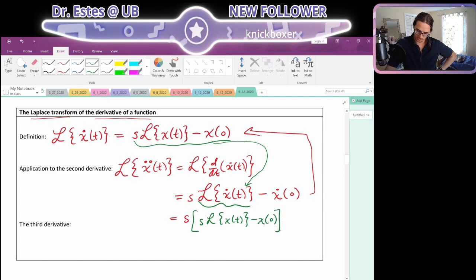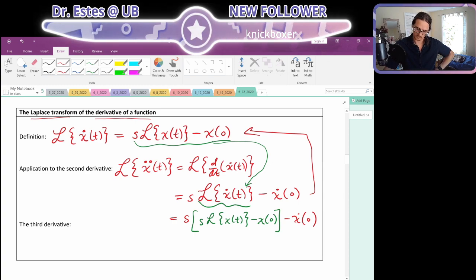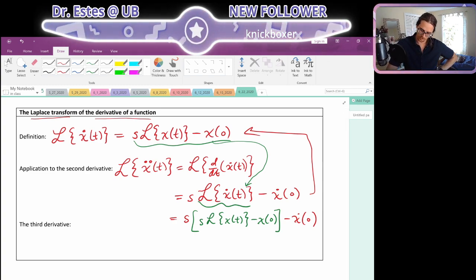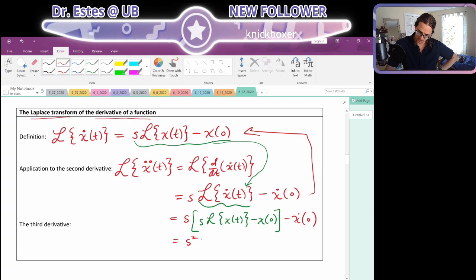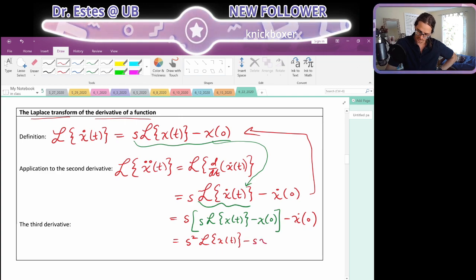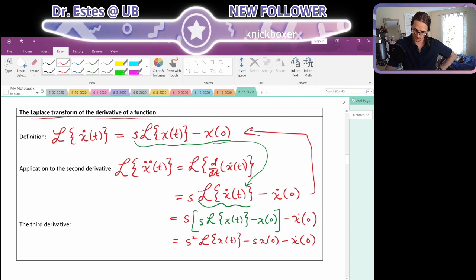I'm just substituting in that thing. So overall, if I multiply this out, I'd have s squared times the Laplace transform of x of t, minus s times x naught, minus x dot naught.